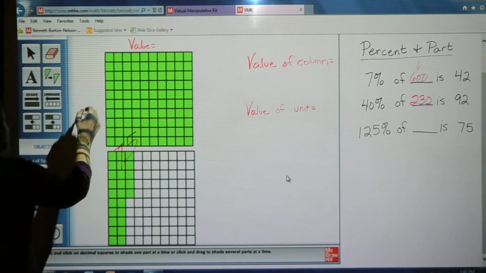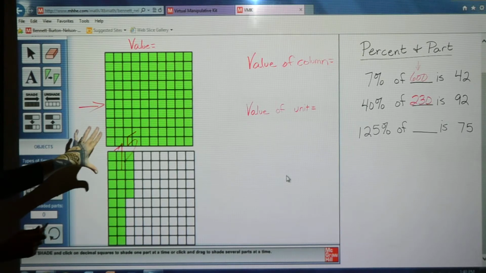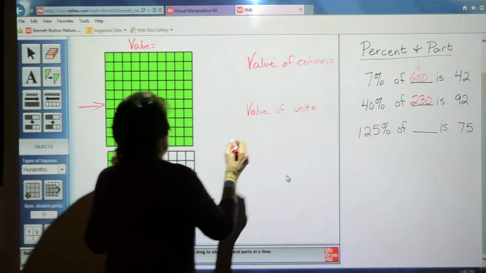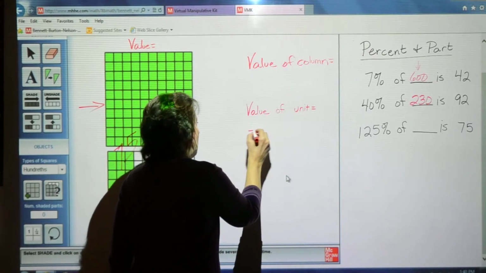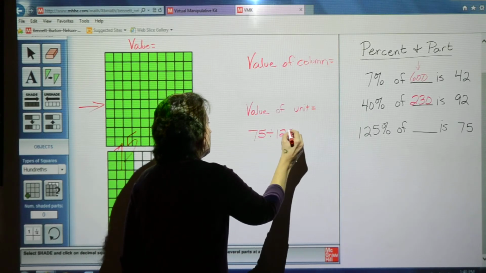What's the value of this one block? But we're still going to do the same thing. How many units do I have altogether? 125. So I'm going to take my value, 75, divided by my number of units.